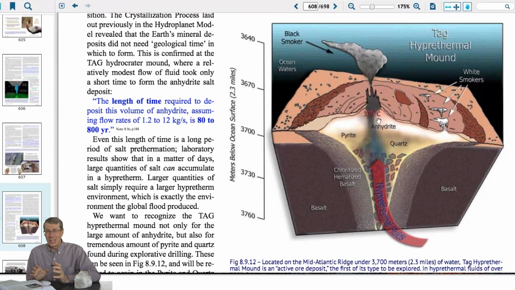You need about 1700 degrees Celsius to melt quartz. Yet right here you can see quartz is being formed. That's right. It's not melted, it's crystallizing out of the water. And same with anhydrite, same with pyrite.